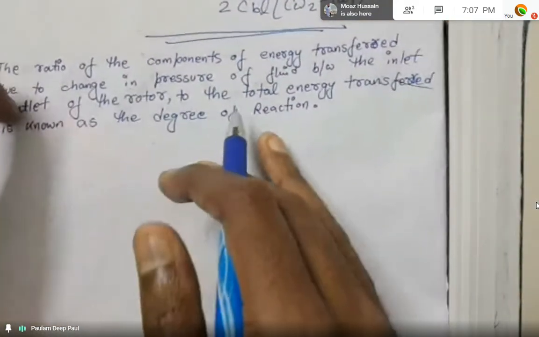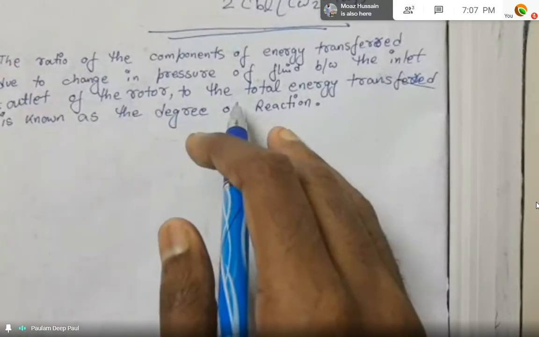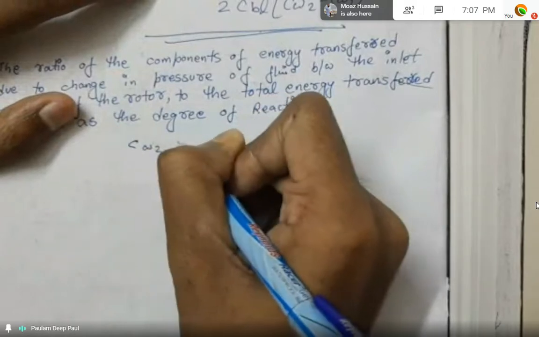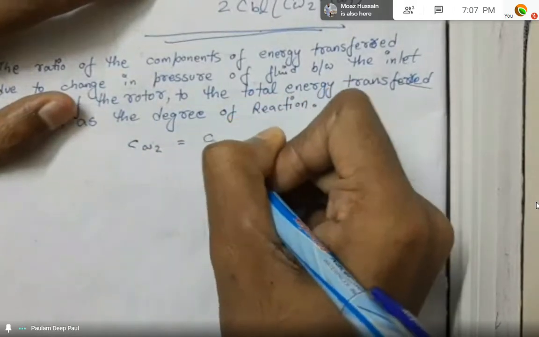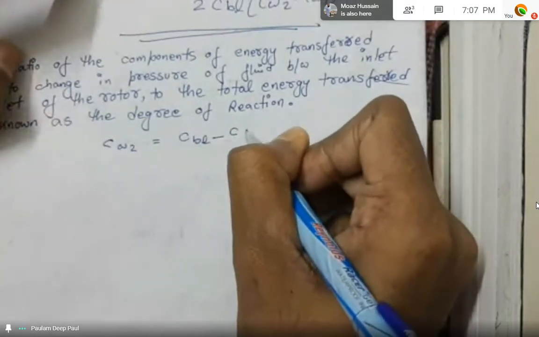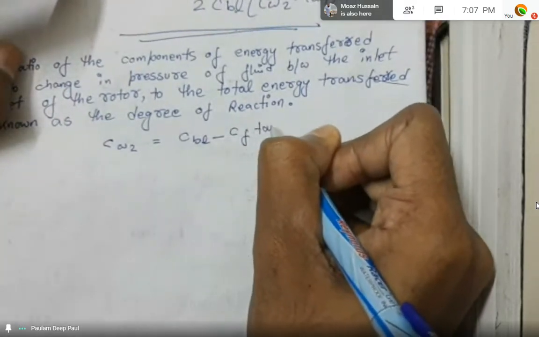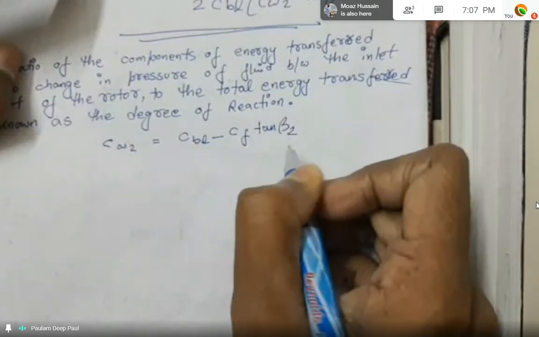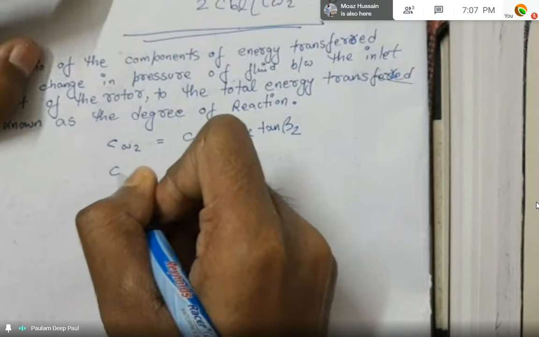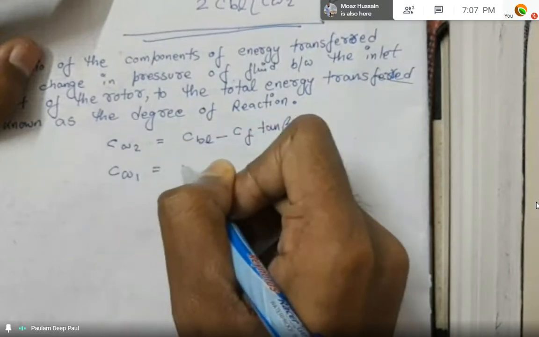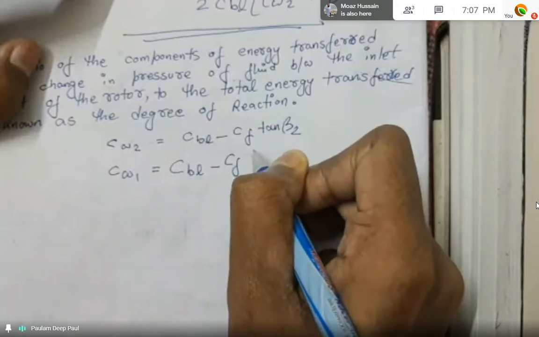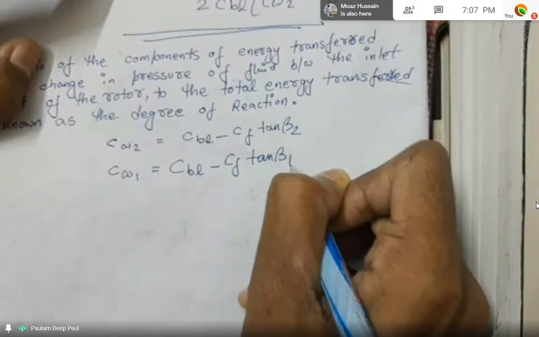Now, referring to the velocity triangles, we can write Cw2 equals Cbl minus Cf tan beta 2, and the other relation, Cw1 equals Cbl minus Cf tan beta 1.